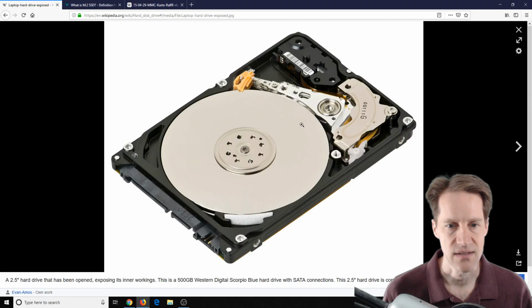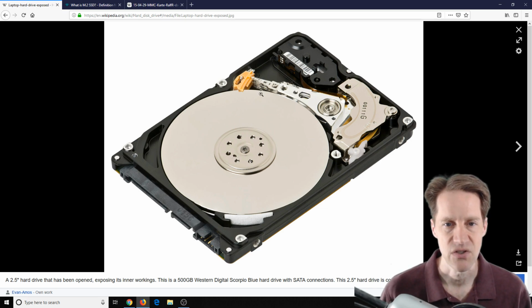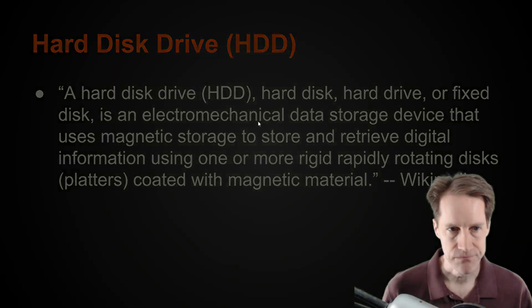If we look at the image here, from Wikipedia, this is the internals of a hard disk drive. You have these rigid magnetic platters, and this head moves back and forth across as they're spinning, reading and writing information, changing the magnetic information or detecting what the magnetic is. So that's basically what a hard disk drive is.